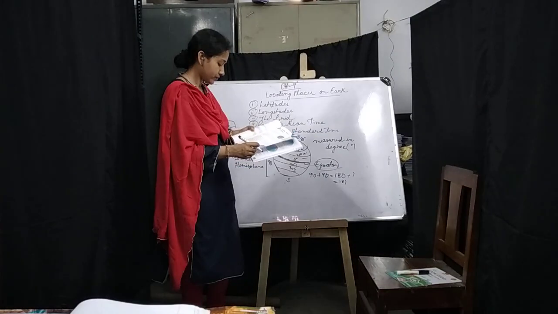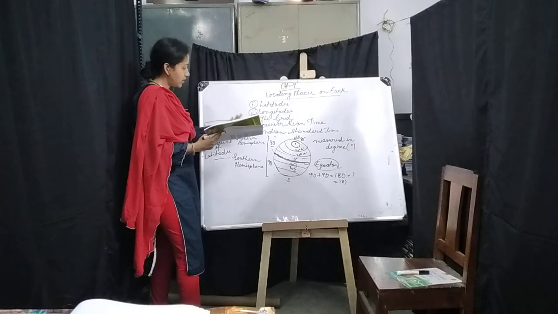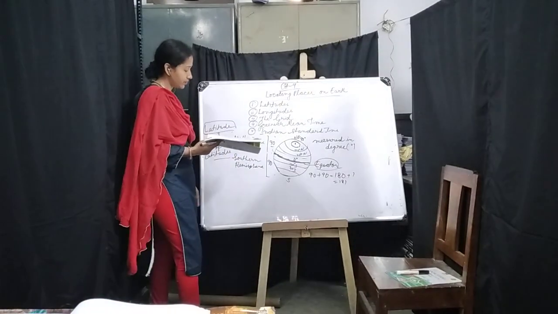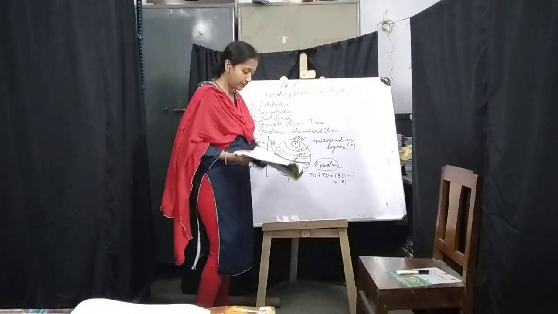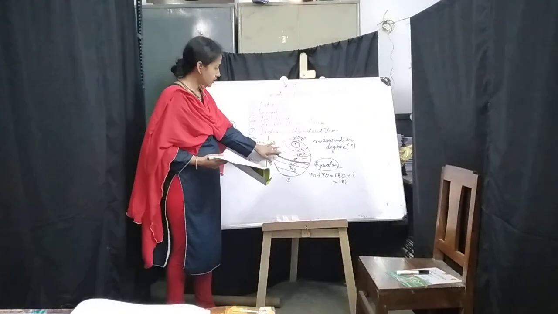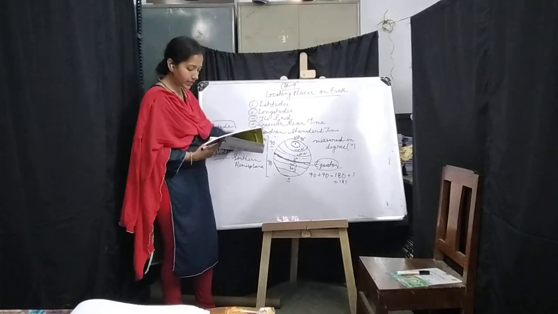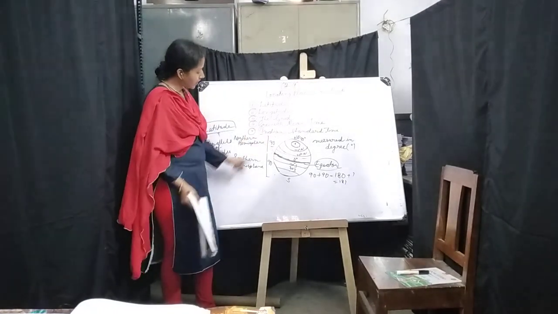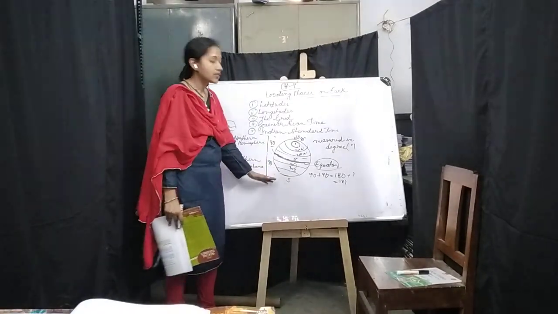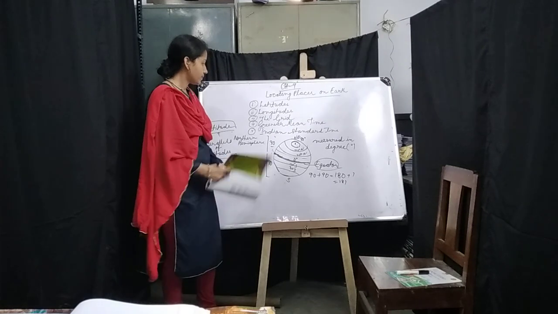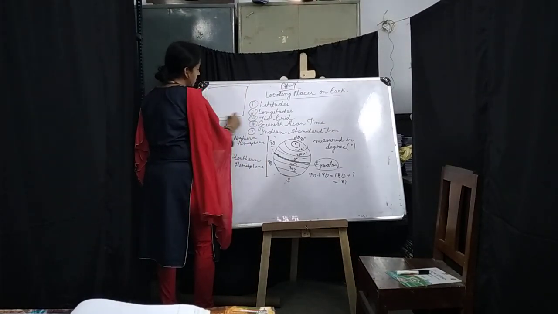Now, some features of the latitudes are: the equator at 0 degrees, 90 latitudes from 1 degree to 90 degrees in the northern hemisphere, and 1 degree to 90 degrees in the southern hemisphere. So what are the features of the latitudes?